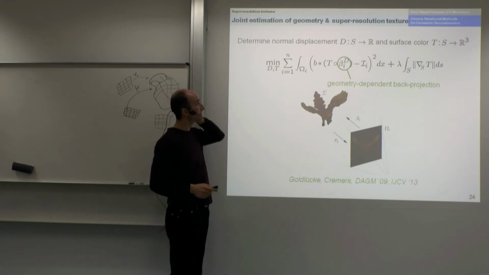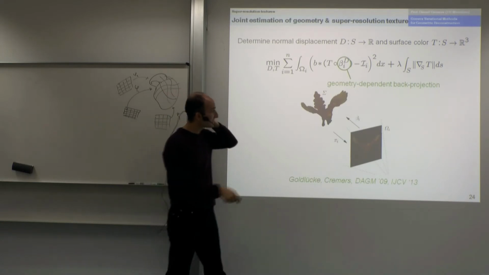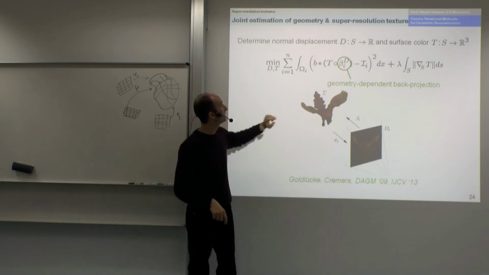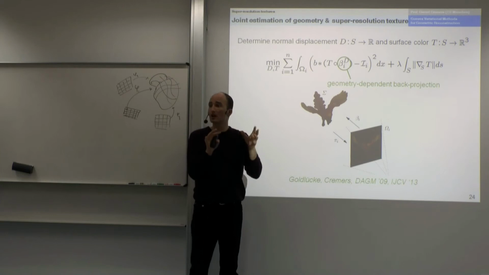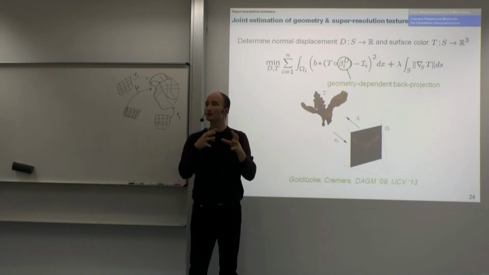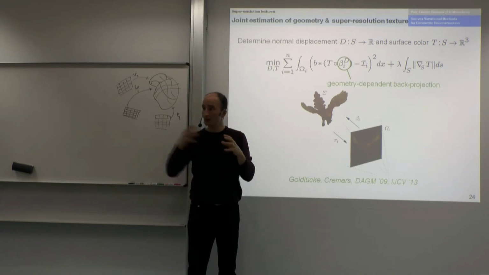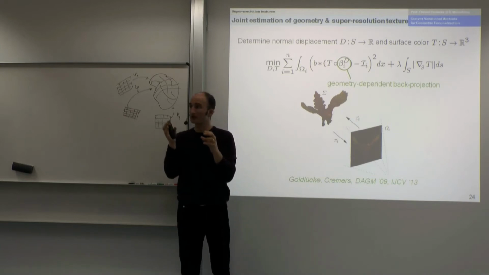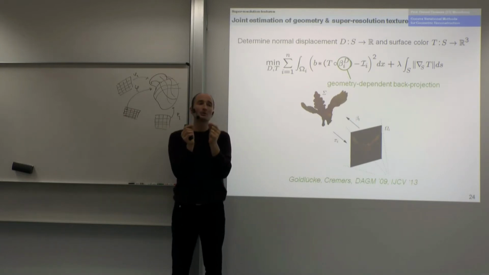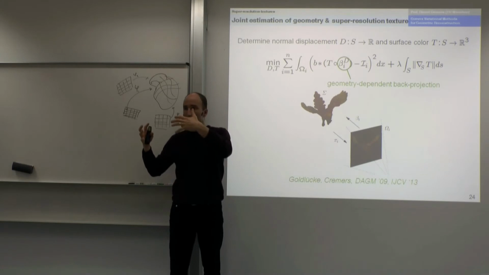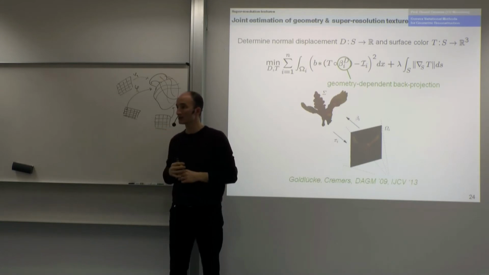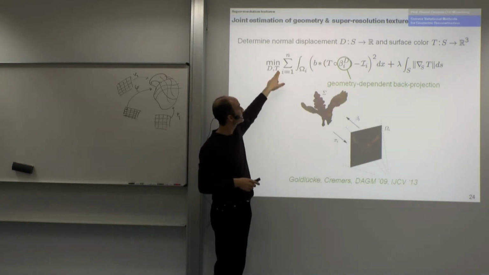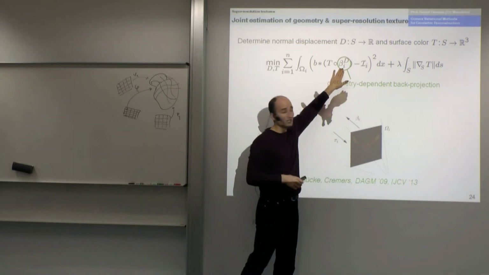Maybe one comment. We actually extended that in a later paper and optimized not just the color, but once you improve the color on the surface, you can also update the geometry, because you have images of that colored surface. And once you have a sharper color on the surface, you can ask, what if I change the geometry a little bit? Does it make it more consistent with the images? In this setting that means the back projection is updated.